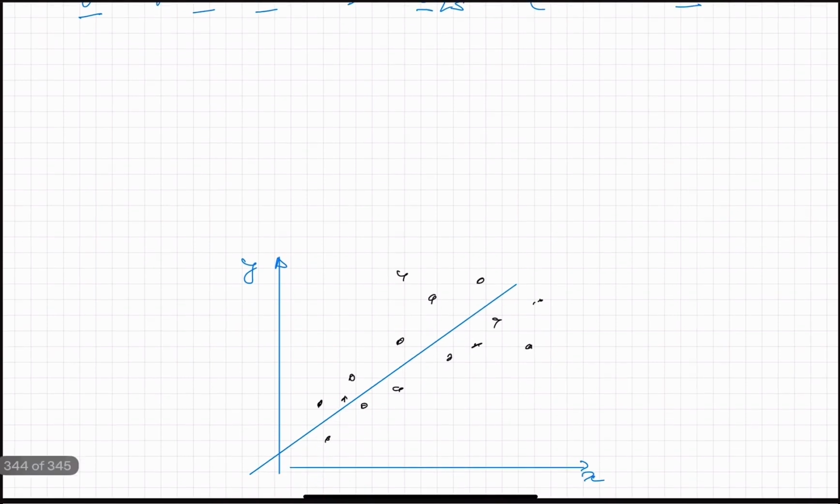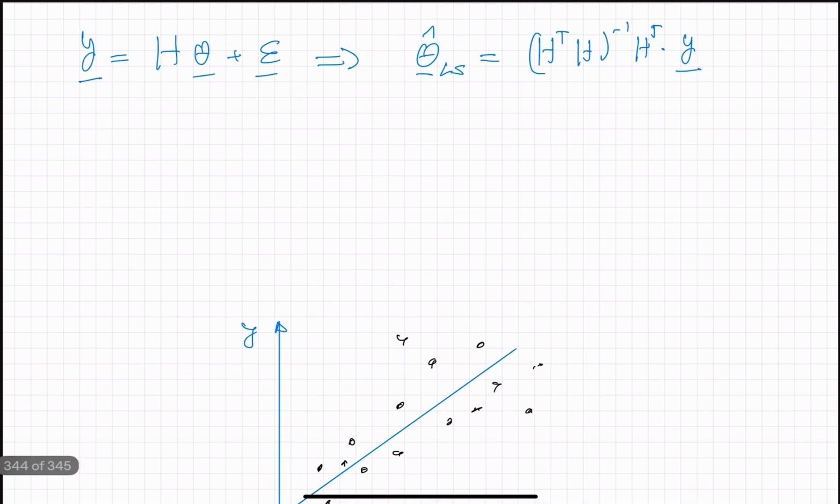Let's see how we use this to fit a straight line, or what we call the best line fit, so to speak. We have measurements, XYs of the measurements, and we want to fit the best line, the best linear trend line here.